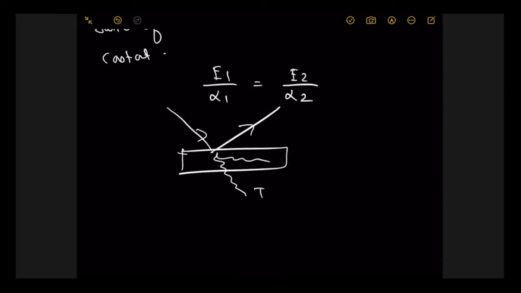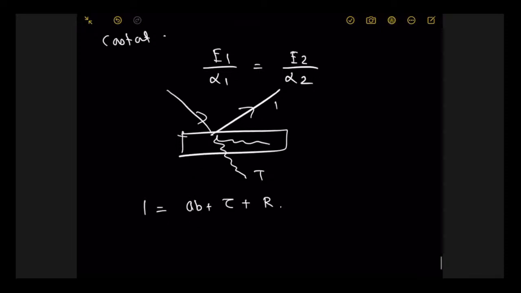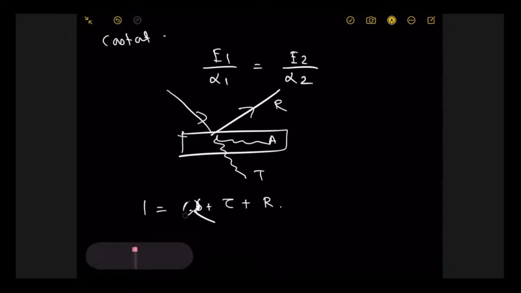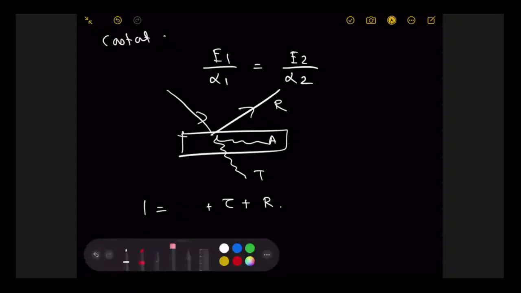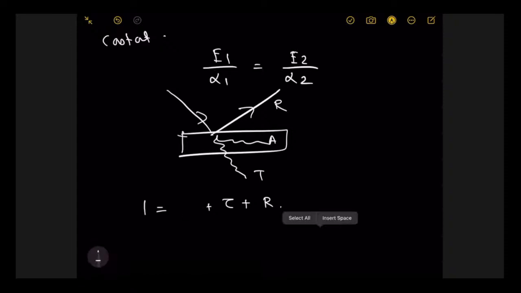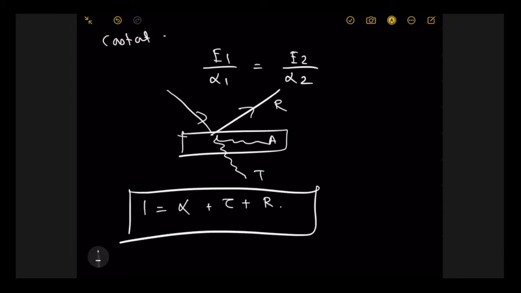It is equal to absorptivity plus transmittivity plus reflectivity. Better you do it by alpha.